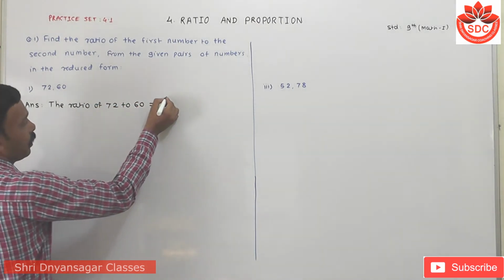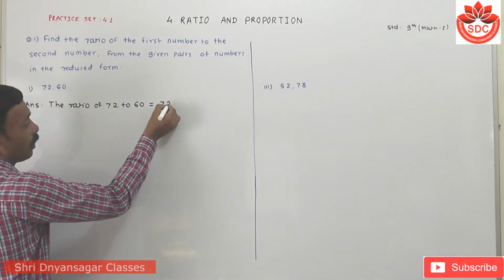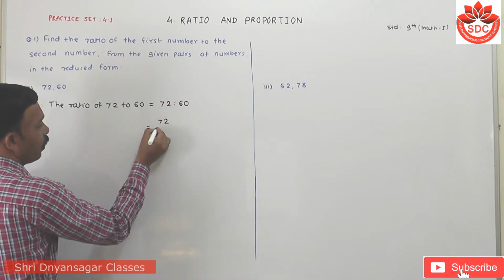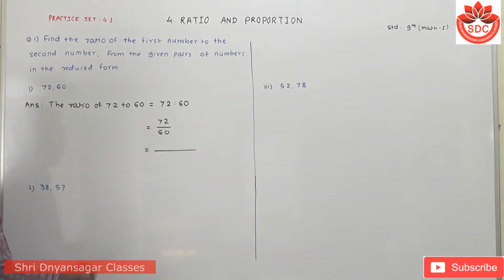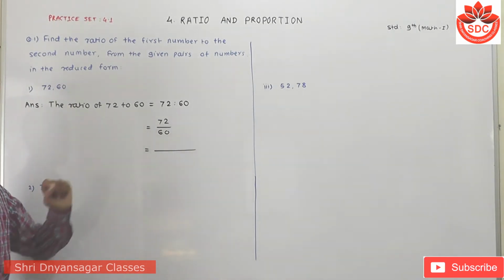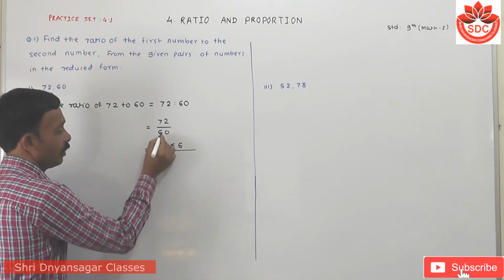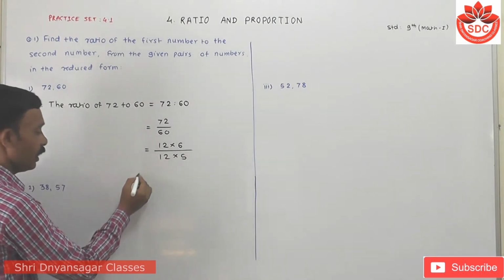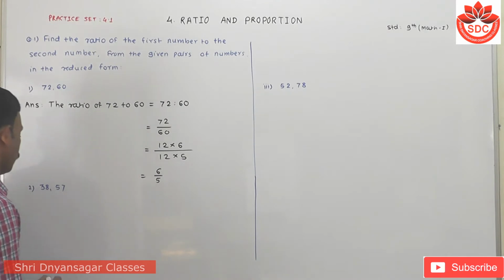is equal to 72 as to 60, which is equal to 72 upon 60. Now 72 is in the table of 12: 12 sixes are 72 and 12 fives are 60. Now students, 12 and 12 get cancelled, so it is equal to 6 upon 5.